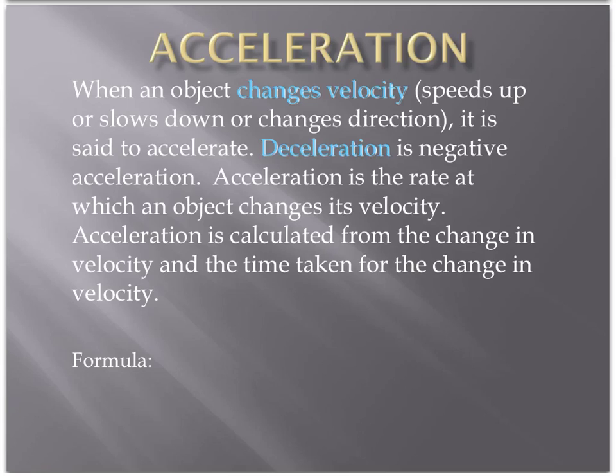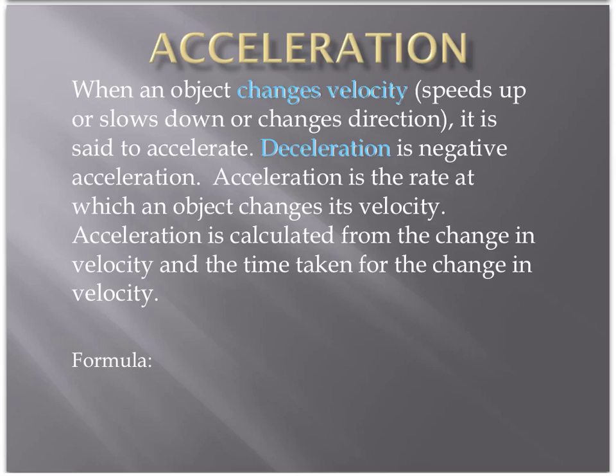Now, as it says in the text here, this also includes any change whatsoever, including changes of direction, because as we just saw, velocity is a concept that involves the dimension of direction as well as speed. So if you speed up or slow down or change direction, you are said to accelerate.